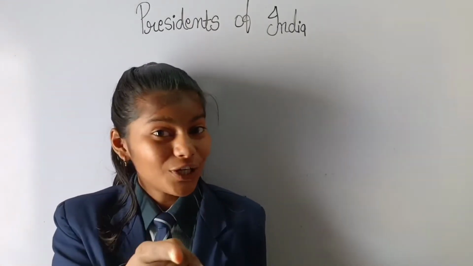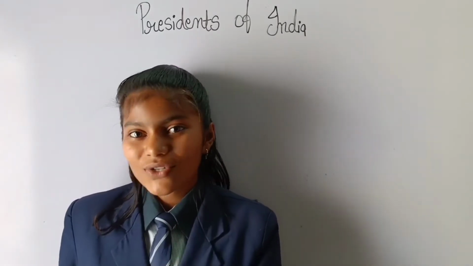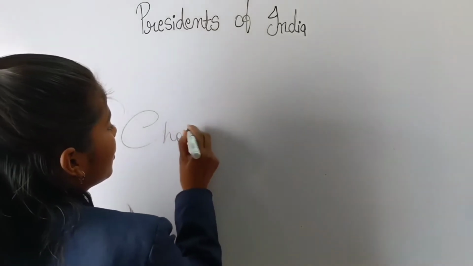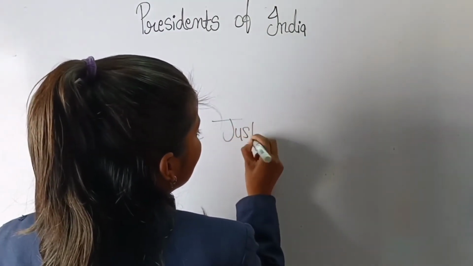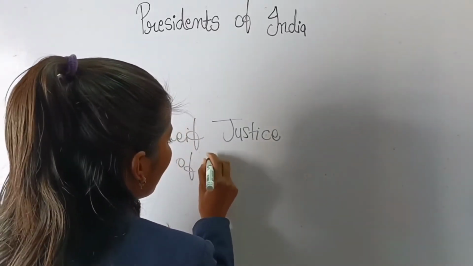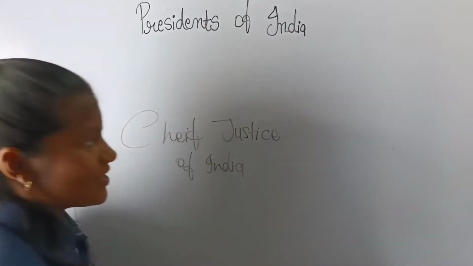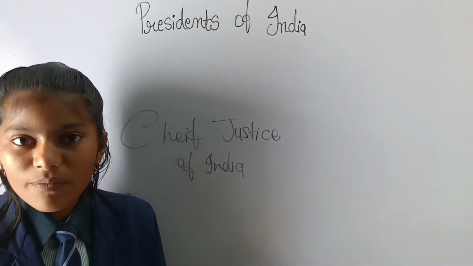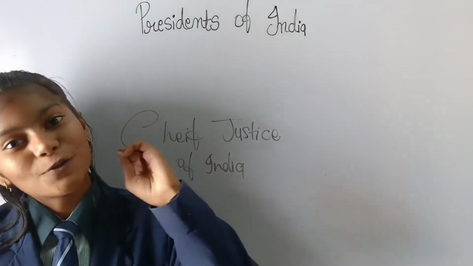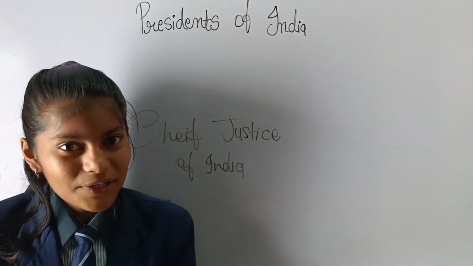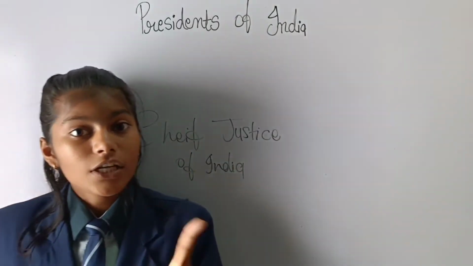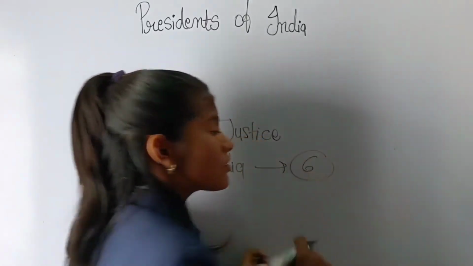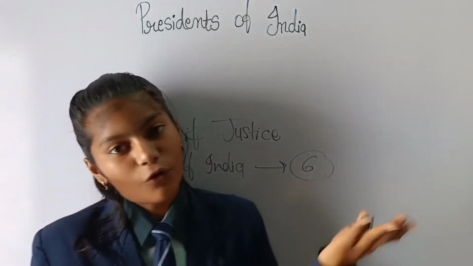Yes, you are right if you know that if the president is not there, the Chief Justice of India will act as the President of India. If the Chief Justice is also not present, then the senior most judge of the Supreme Court will act, and obviously will be present. And that vacant seat should be filled within 6 months. Within 6 months, it should be filled, and it is filled by voting.